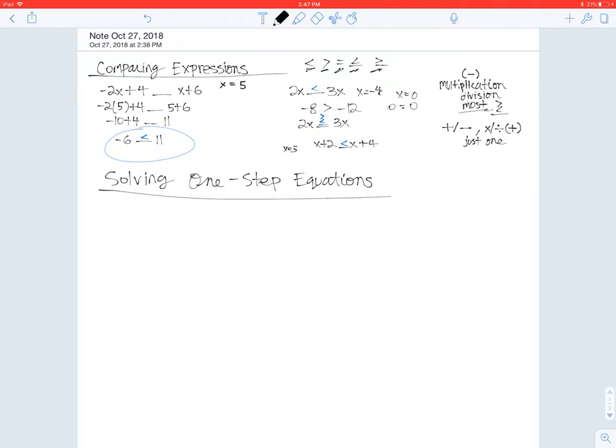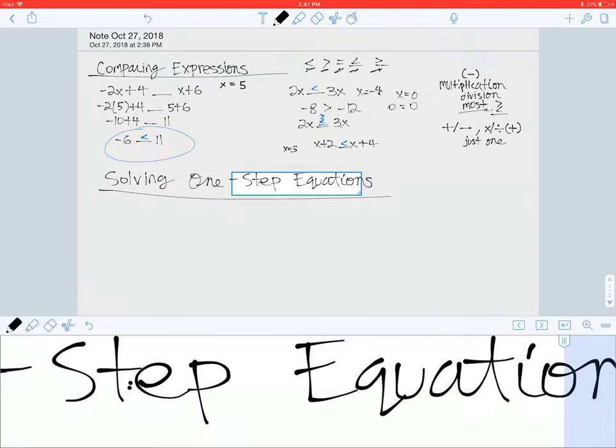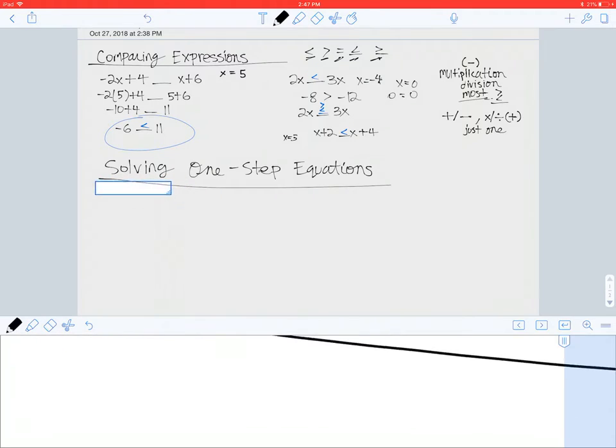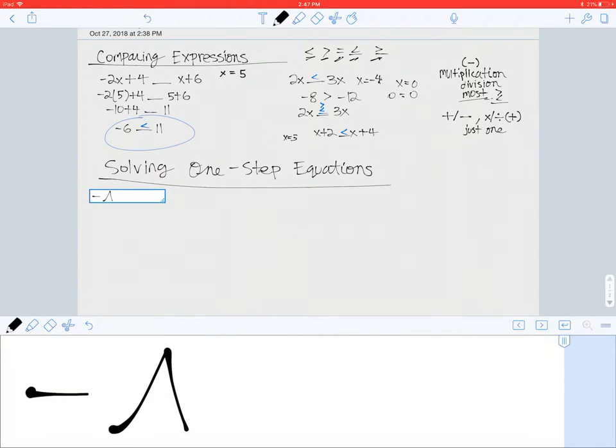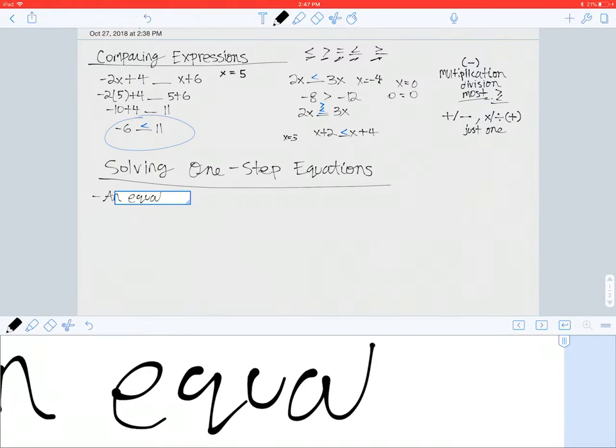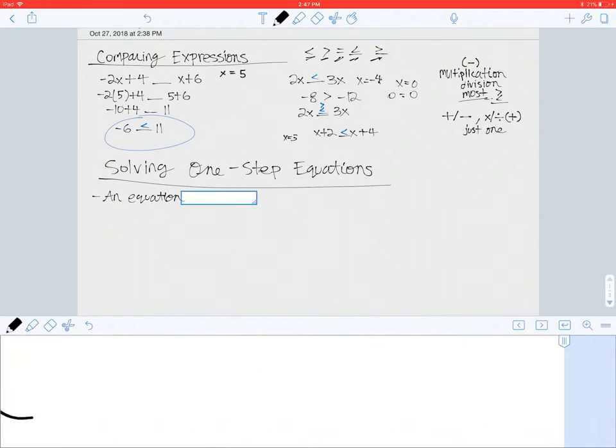What you need to know about equations is what the job of an equation is, like what it's intended to do. You have to know that an equation finds the value of a variable.